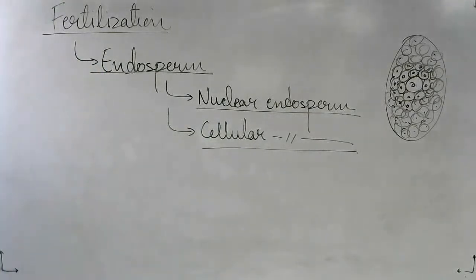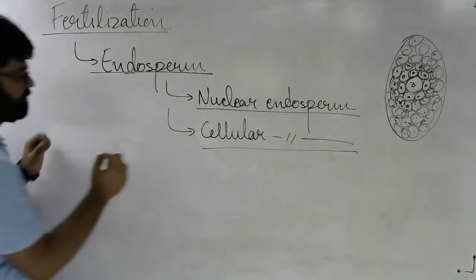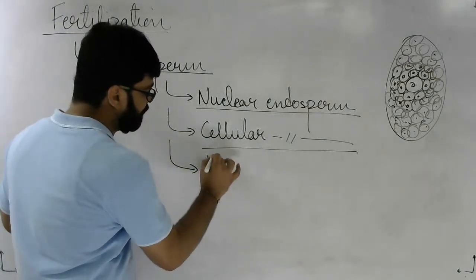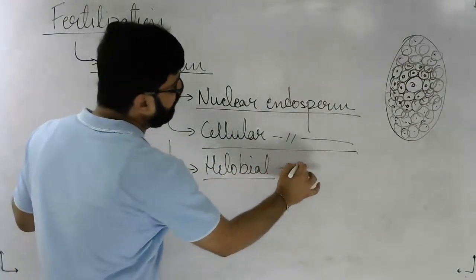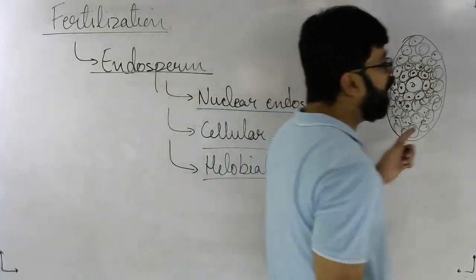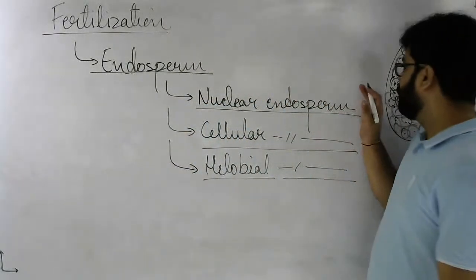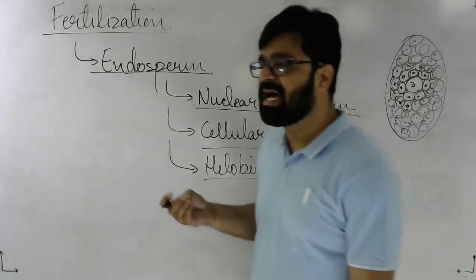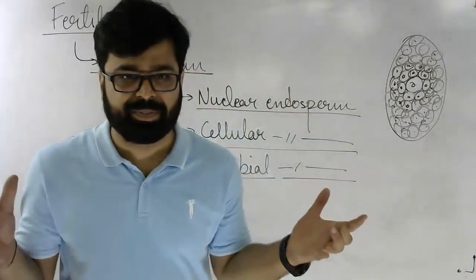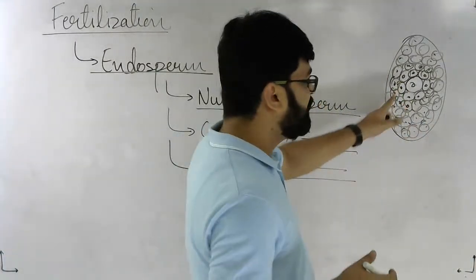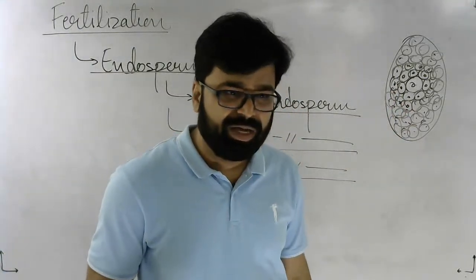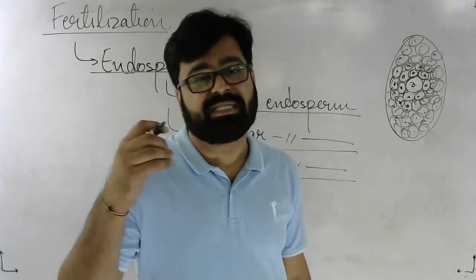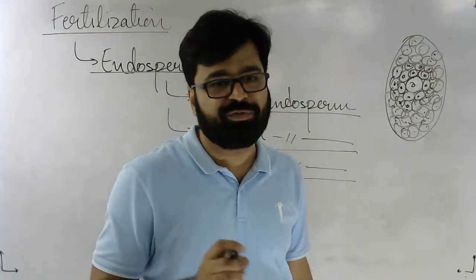Coming to the third, that is halobial endosperm. Now, what happened in halobial endosperm? Both nuclei and cells are present scattered in the region. Okay, so it is formed by karyokinesis, and in some cytokinesis is also followed.